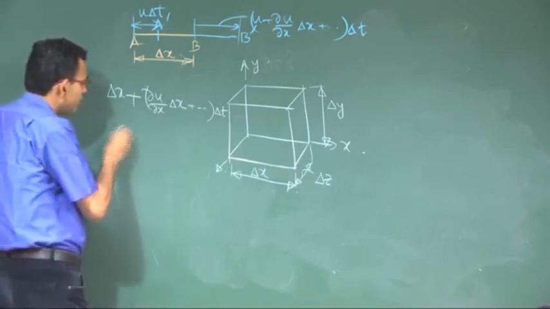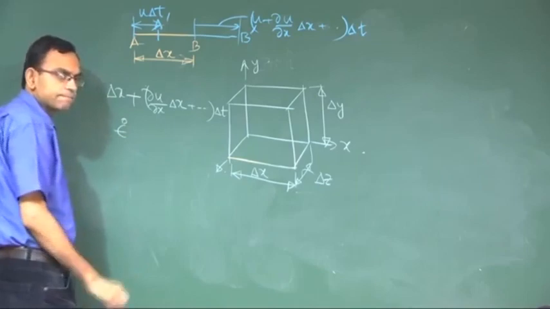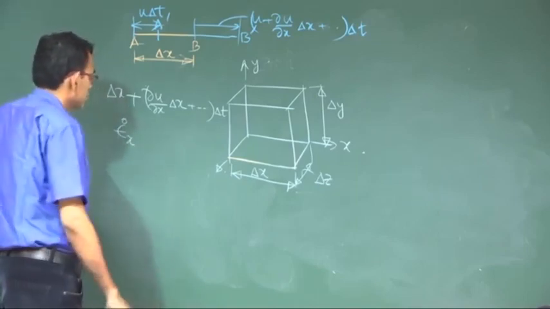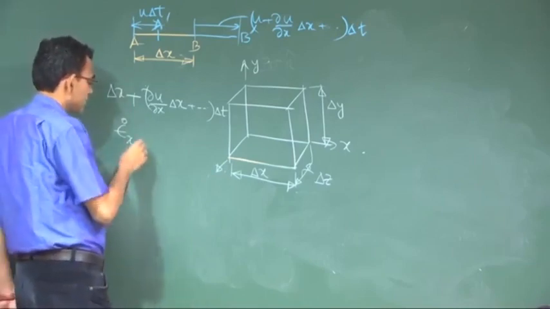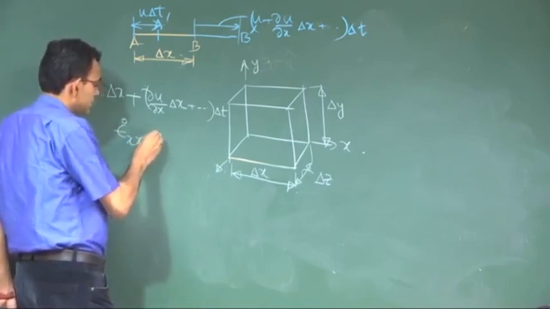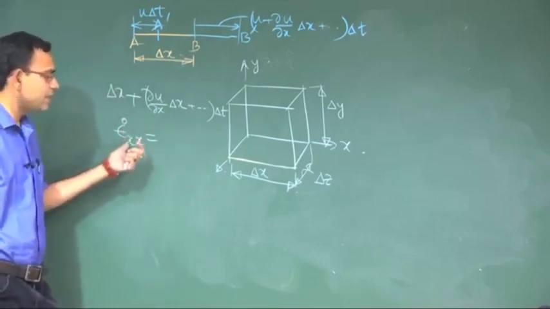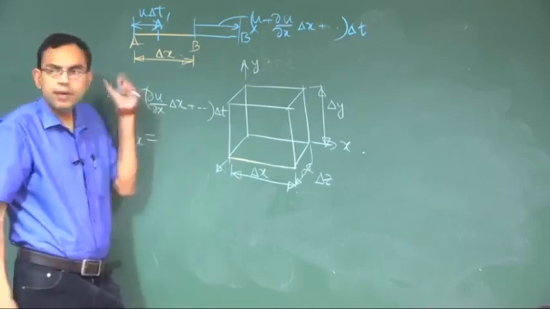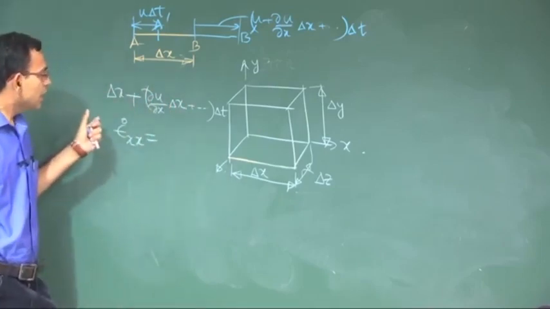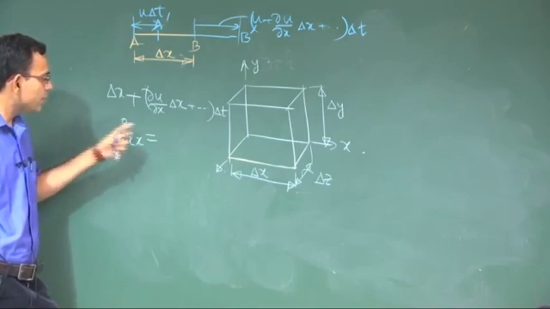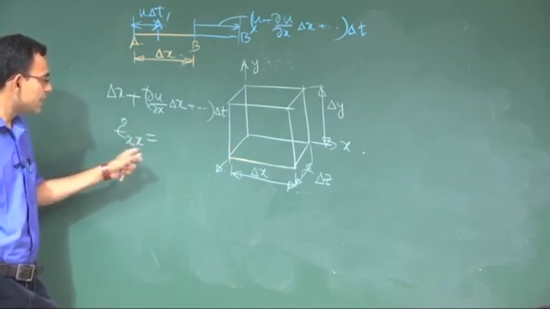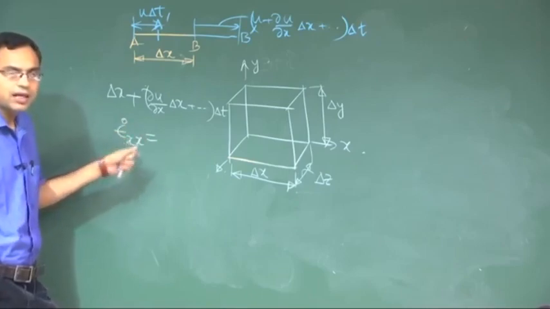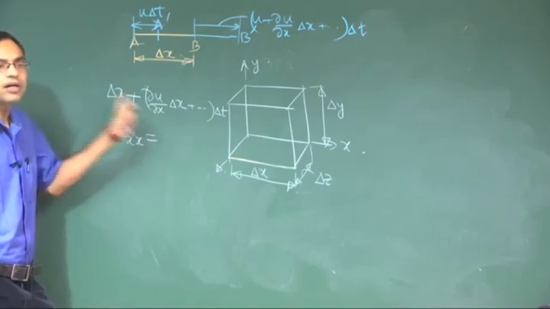So what is the rate of strain along x? I will later on tell you why these two indices are needed. Once we put it in symbols we will understand that these are not really simple scalar quantities, neither are they vectors, these are second order tensors.